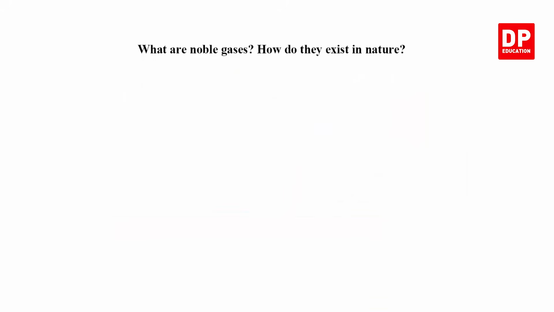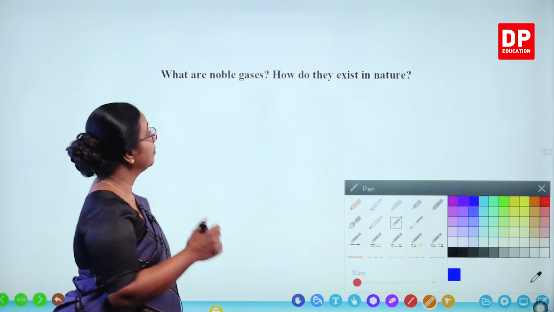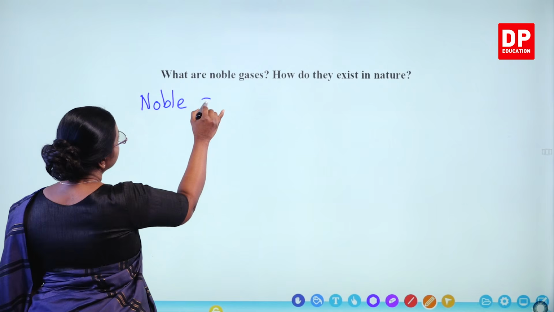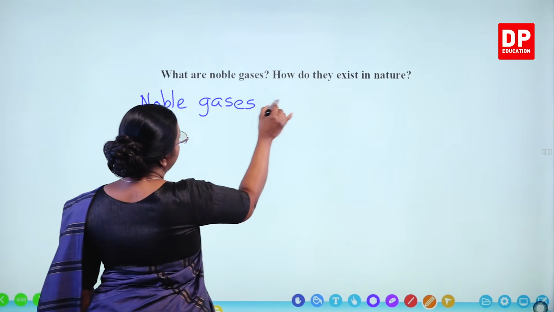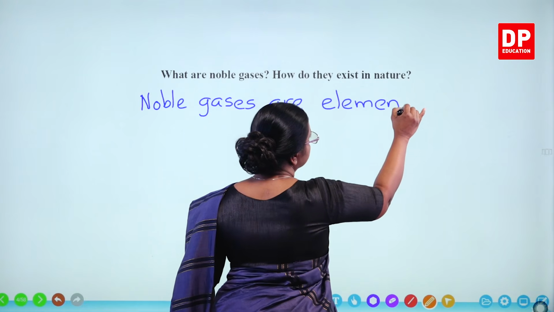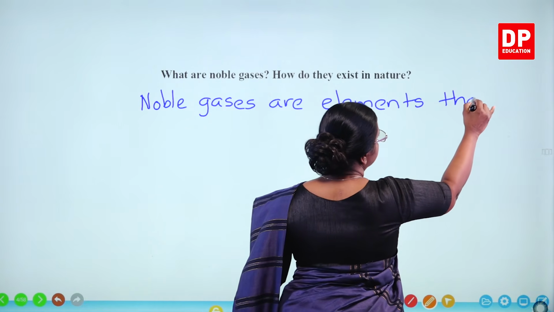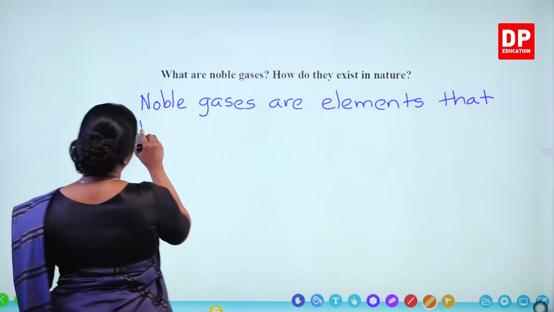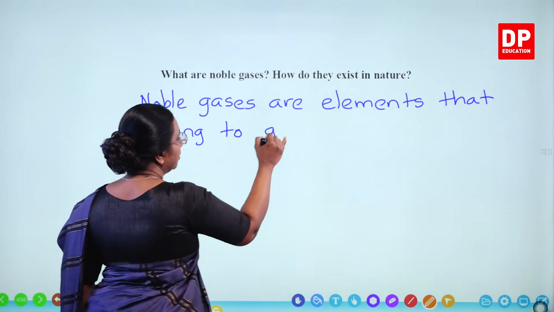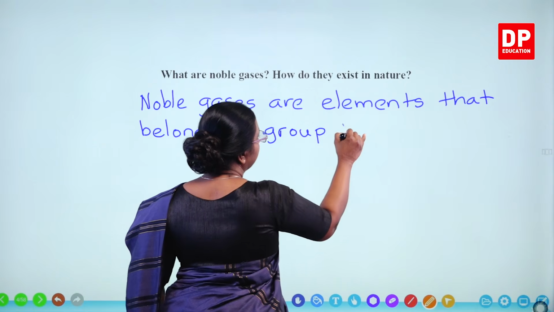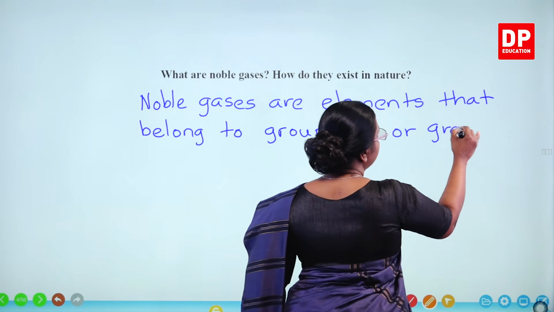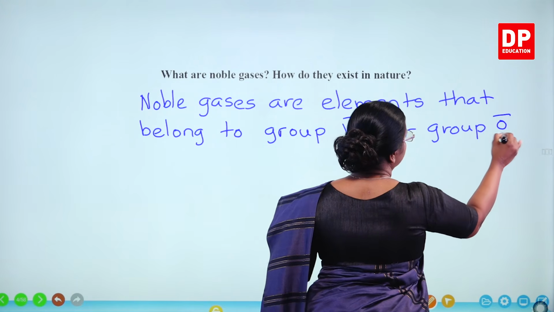What are noble gases? So you all know noble gases. Noble gases are elements that belong to group 8 or group 0.